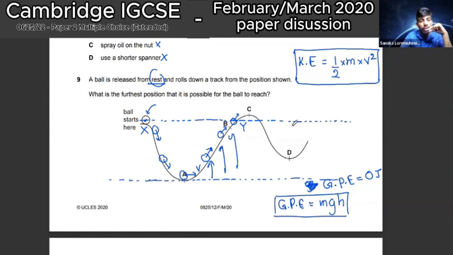What is the question? What is the furthest position the ball can reach, furthest from X?